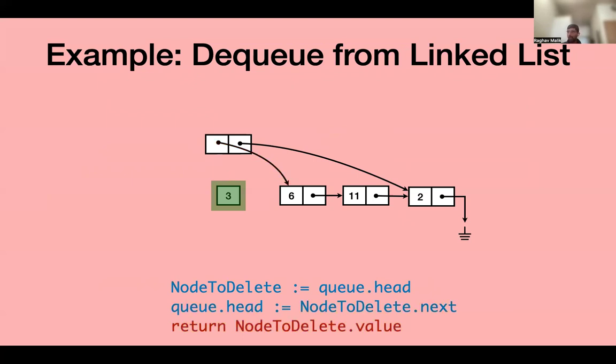And again, the dequeue function might free the node itself, or save the value, free the node, and then return the value, or it might return a pointer to the node and expect the caller to free it, or it might do something else. You might allocate this in an arena somewhere, and you don't have to worry about freeing it.